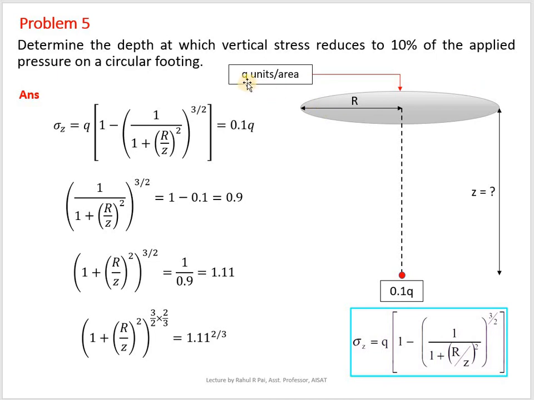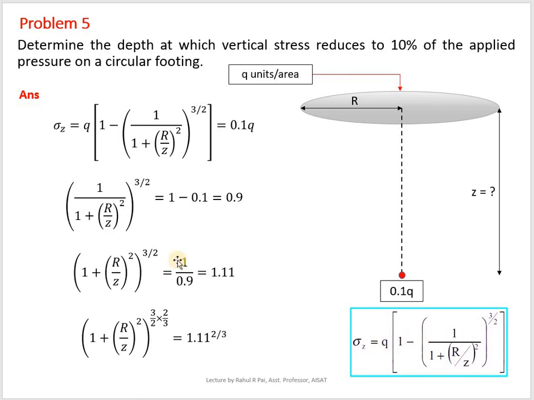Then you have a circular area, you apply a load of small q units per area, and you need to find this z where the pressure is 0.1 q. That pressure 0.1 q is the depth asked in the question. You have the formula of sigma z: small q into (1 minus 1 by (1 plus (r by z) the whole square) the whole raised to 3 by 2).